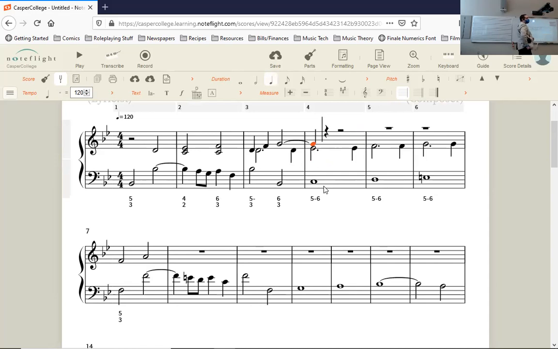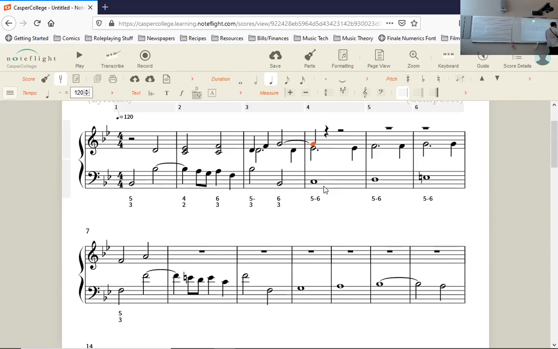The question is, what rhythm should we use here? The same one? Because we've got an implication of a proposta, riposta. So should it be 1, 2, 3, 4, 1, 2, 3, 4, 1, 2, 3, 4, 1.